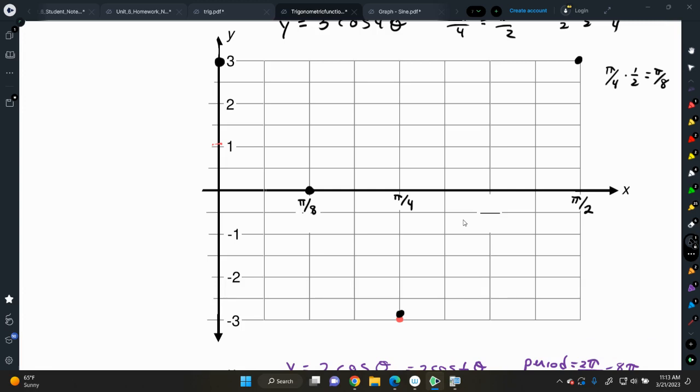So what's this value here? Okay, well, let's think it through a minute. Pi over 8 means that this is 2 pi over 8, right? Pi over 4 is 2 pi over 8. So this has to be 3 pi over 8. Get a common denominator, and then you can figure that out.